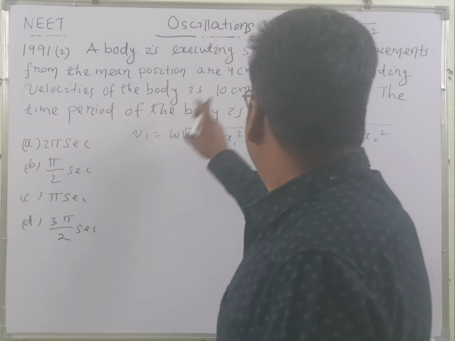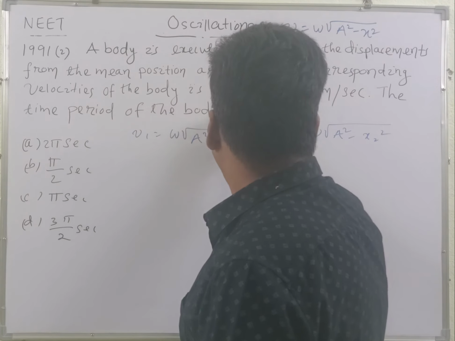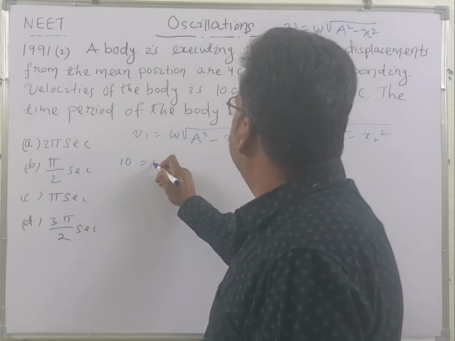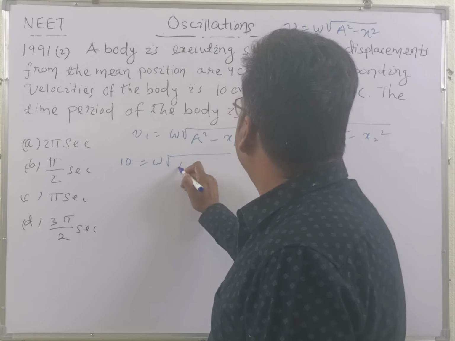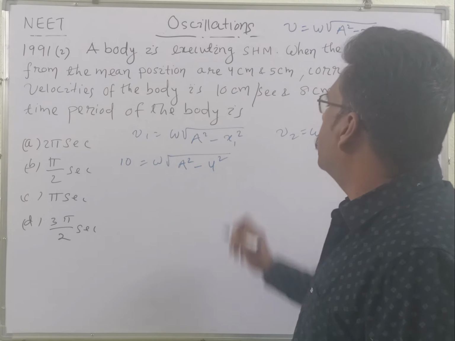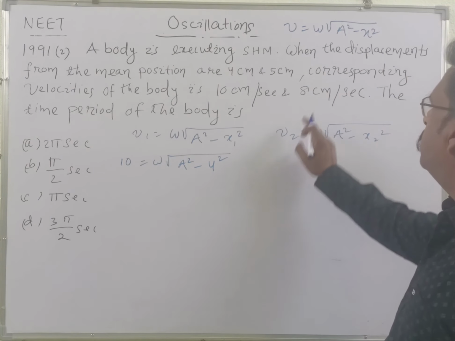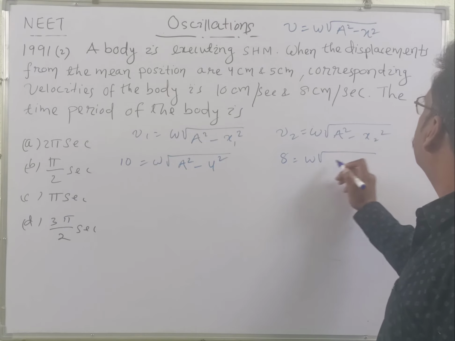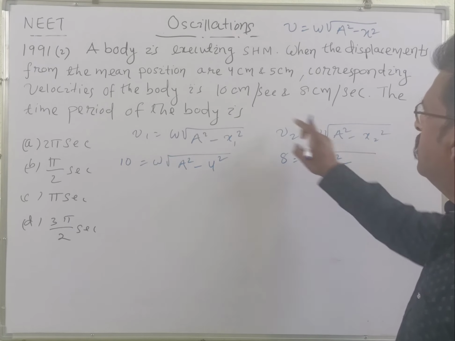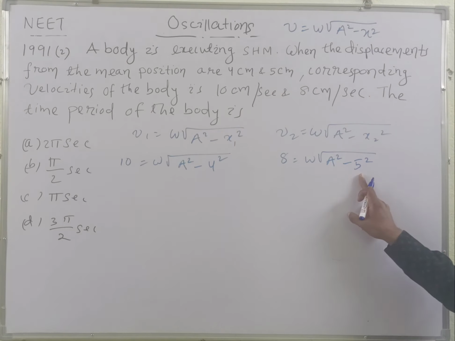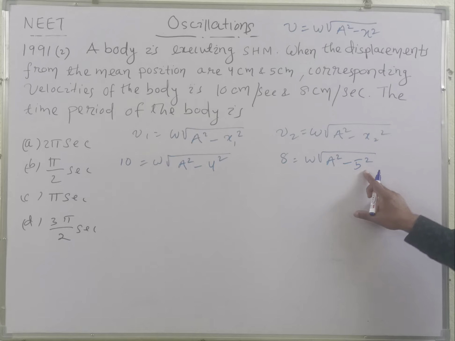What is V1? In the first situation, the velocity is 10 cm per second. Let us write it as 10 is equal to omega into root over a square minus 4 square. And here V2 is 8 cm per second, is equal to omega into root over a square minus x2 square, where x2 is 5 cm.